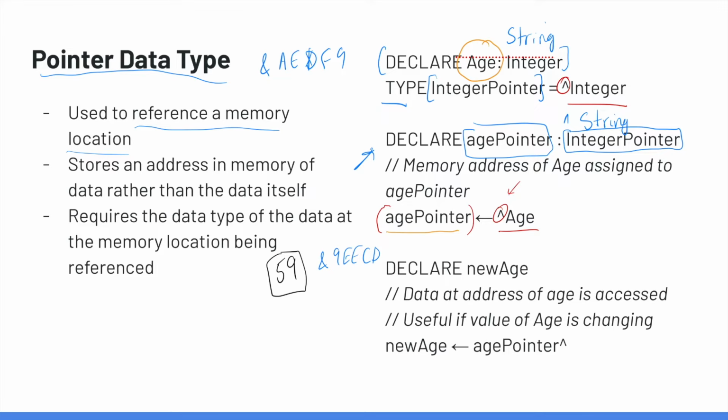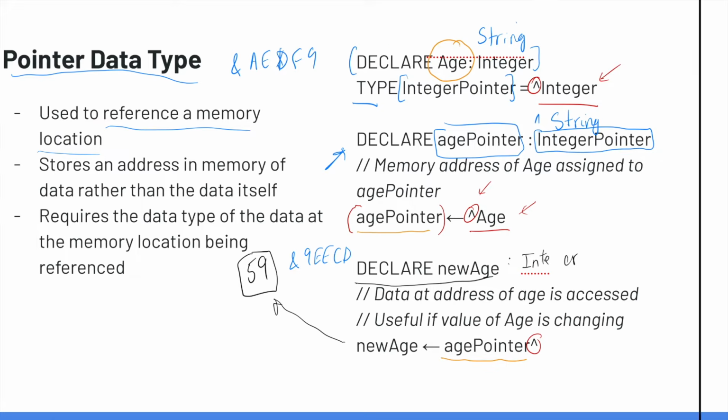So if you actually want to get that 59 and store it in a variable called new age, which should be an integer, we would use age pointer, and then we put a caret afterwards. Before we had a caret in the beginning of the variable that we were working with. Here we'd have the caret afterwards, and that means that new age would then just be equal to 59. And that's basically how the pointer data type works.